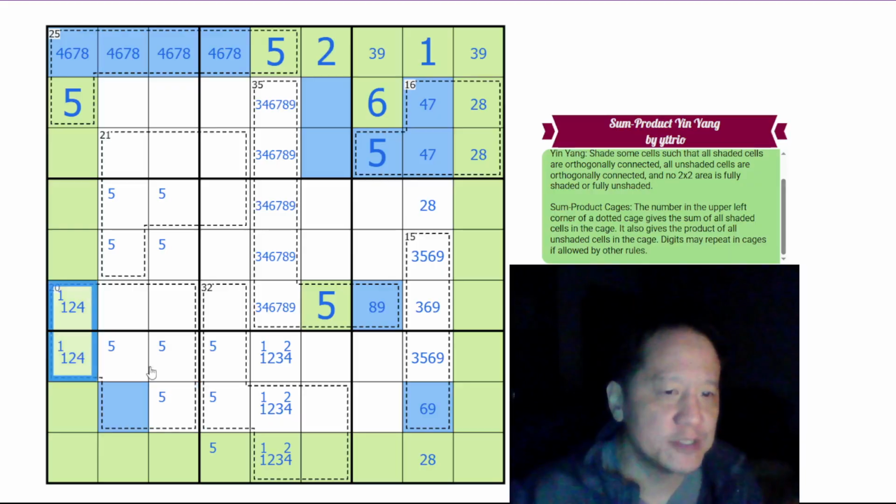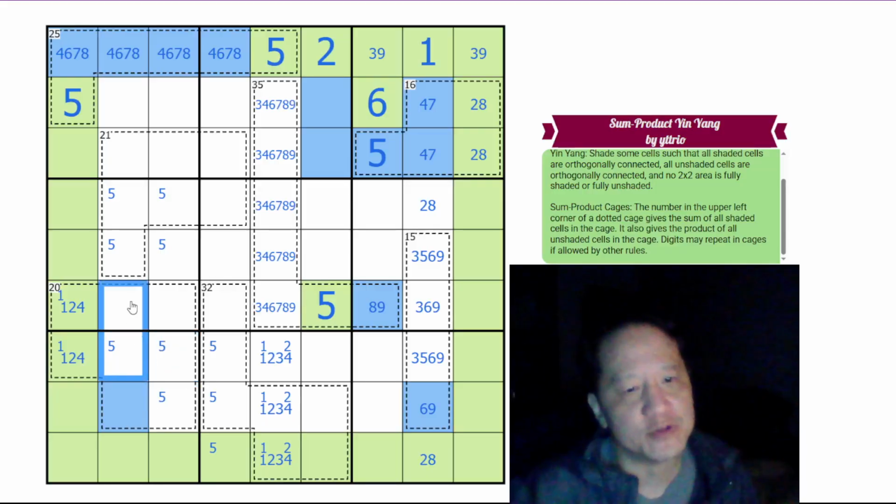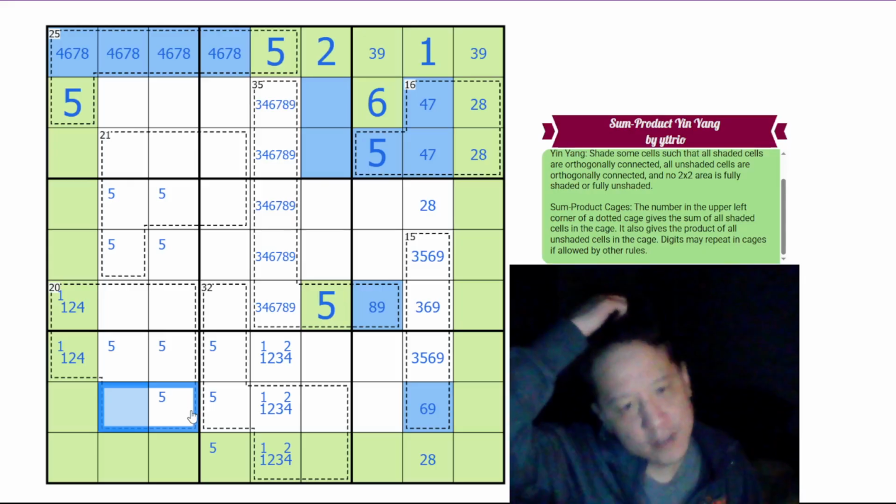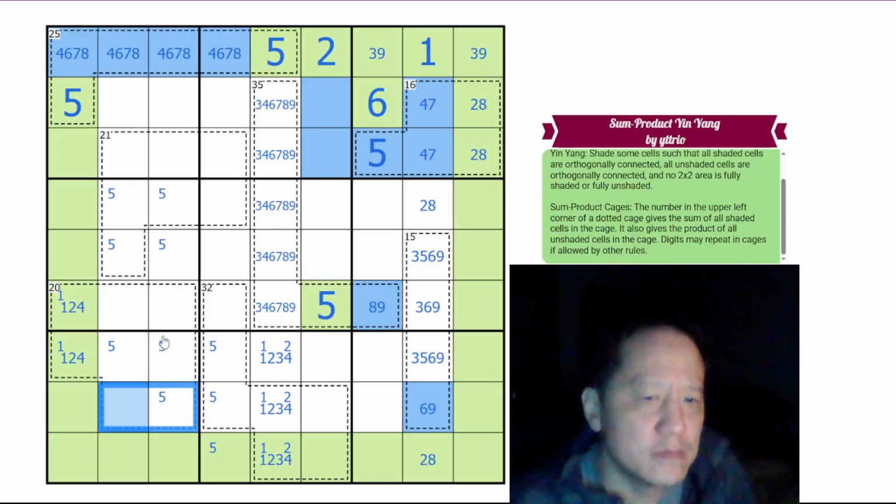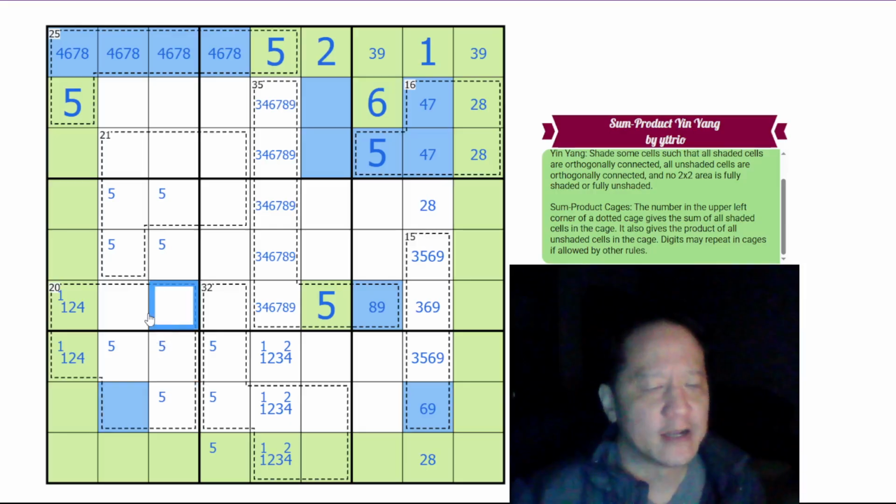So what happens if we have just a 5 left here? That means the remaining digits will be guaranteed a 5 here. So one of these is blue. One of them has to be blue to connect out. Actually, it has to be 3 blues. Well, I mean, obviously.